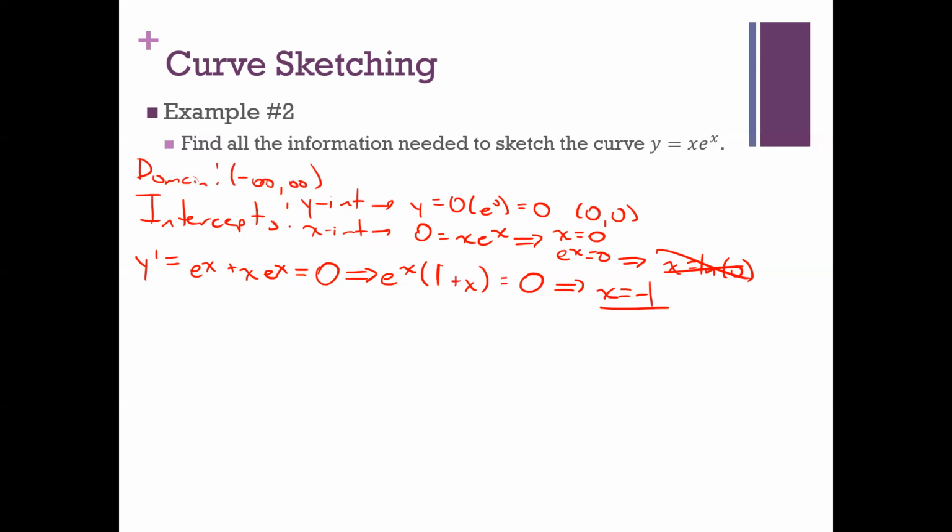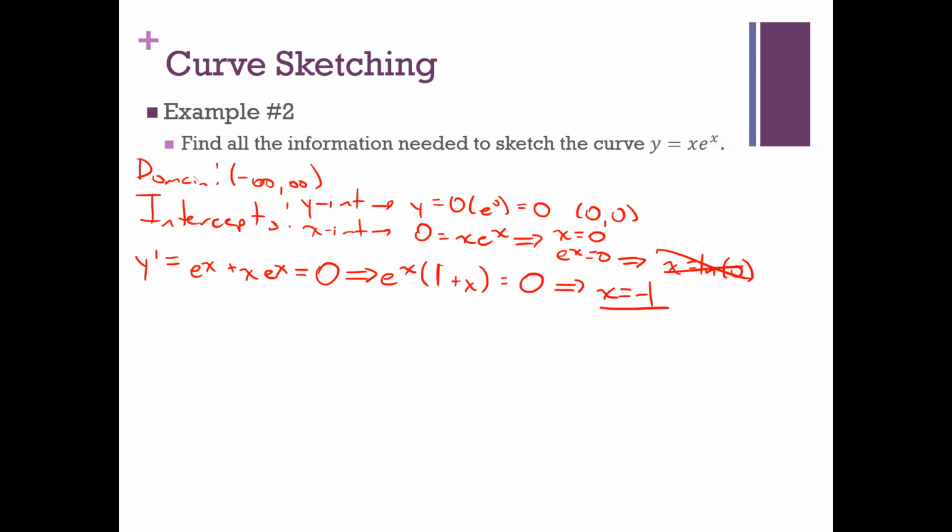In general, local mins and maxes can come from where the derivative fails to exist. But what I'm asking here, are we going to have any critical points like that to worry about? The rationale is you have a polynomial times e to the x, which is always continuous. So that's always going to be continuous, which means it's always defined. So that's the only critical point I have.